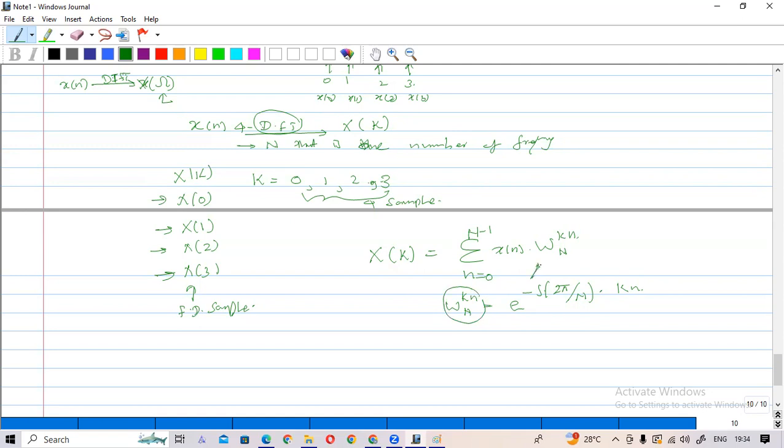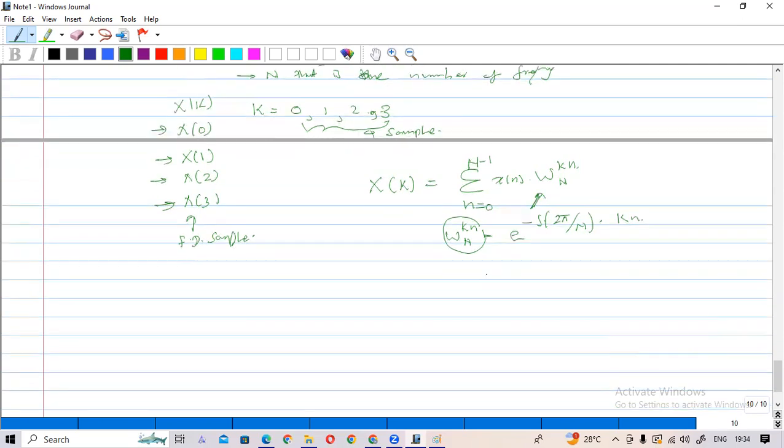Now N is equal to 4, so W_4^{kn} is e to the power minus j 2π by 4 times kn.